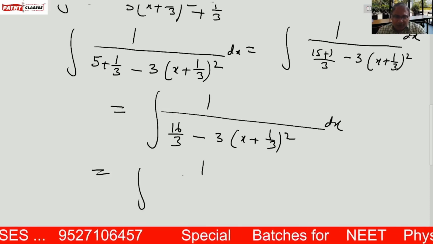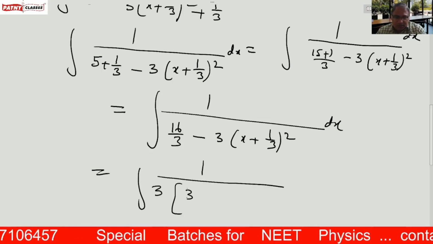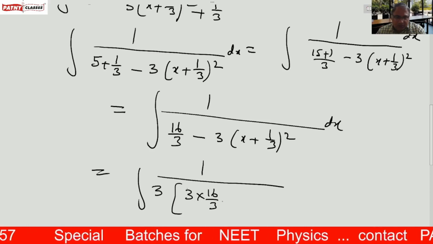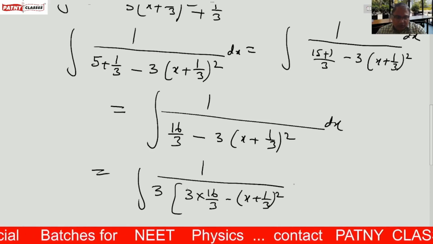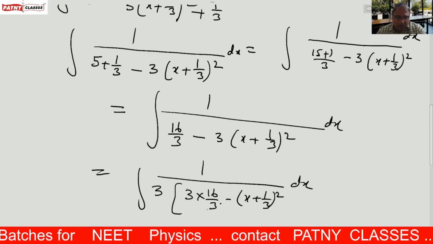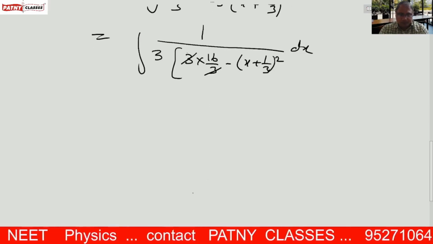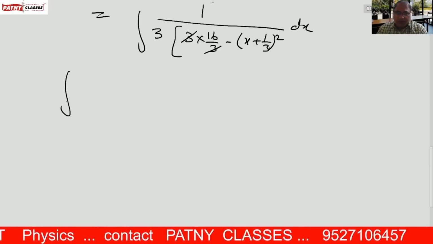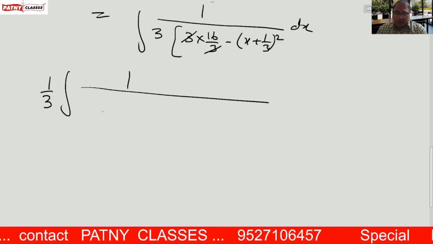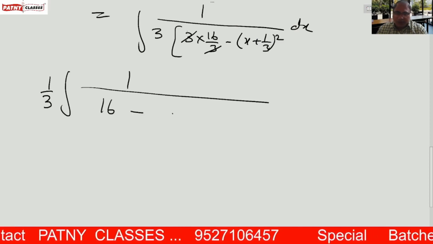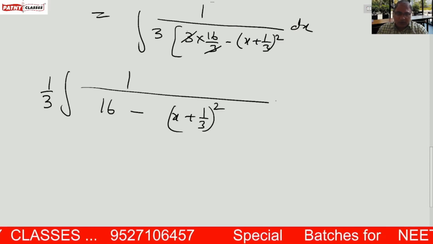For that, taking 3 common, it is 3 into 16 upon 3 minus x plus 1 by 3 whole square with respect to x. 3 gone away. Then integration of 1 upon 3, 1 by 3 will be outside, 16 minus x plus 1 by 3 whole square.